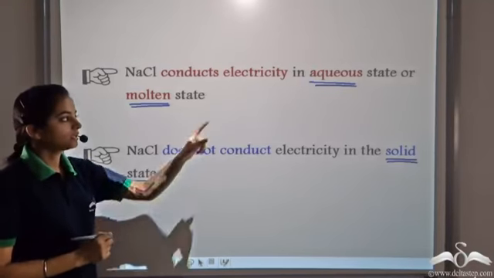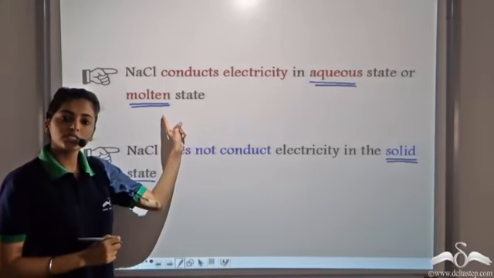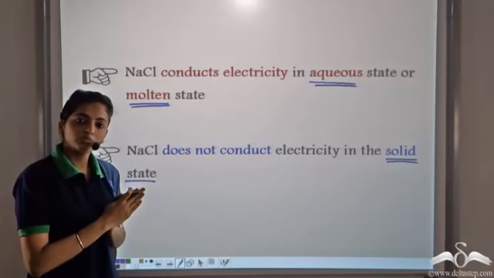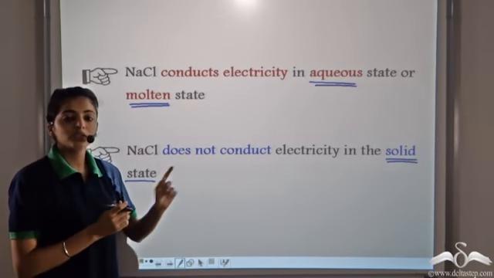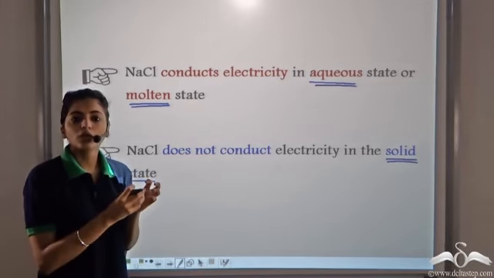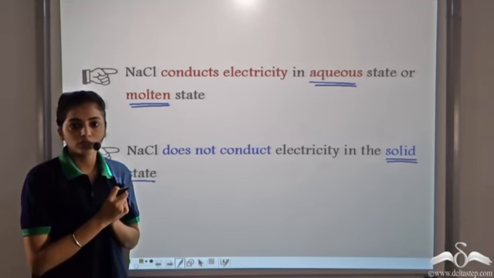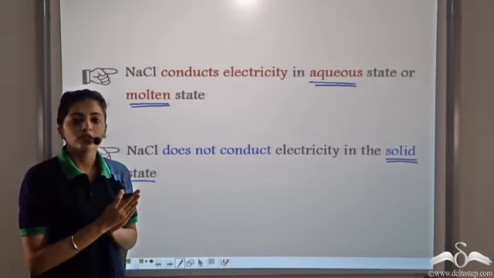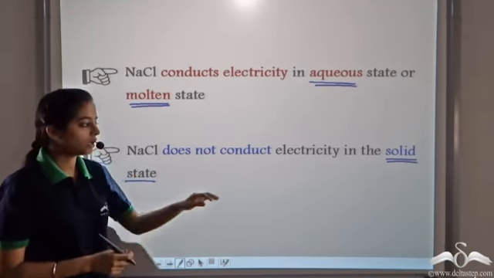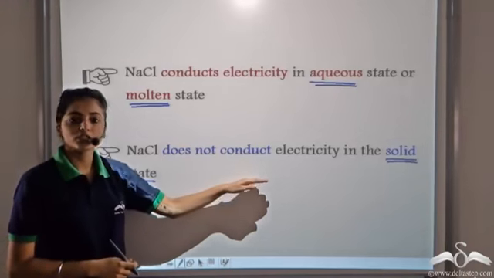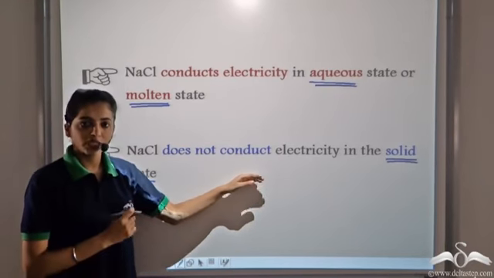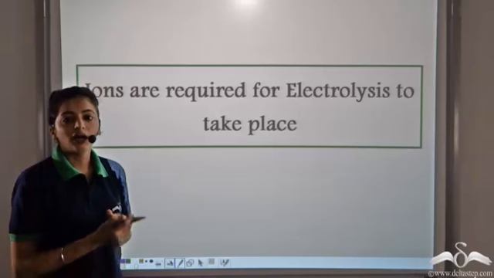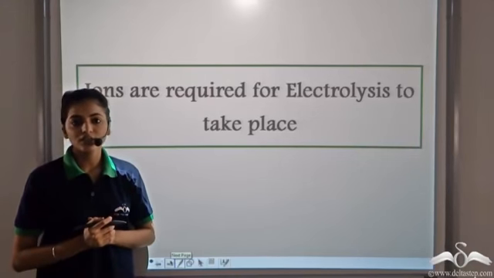This is because in the aqueous state or in the molten state, there is formation of sodium and chloride ions. But in the solid state, the sodium and chloride ions are strongly attracted towards each other. They are not free. And so the ions cannot separate out. So solid sodium chloride does not conduct electricity. So we can conclude that ions are required for electrolysis to take place.